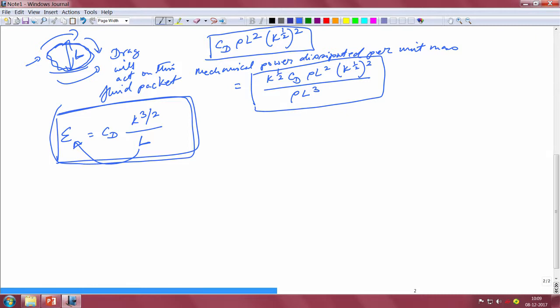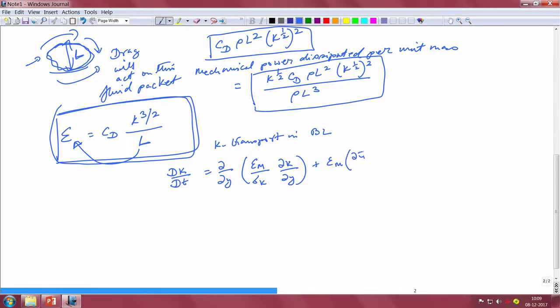So, the K transport equation in the boundary layer, if you collect all the terms together, becomes dk by dt equal to the other terms.